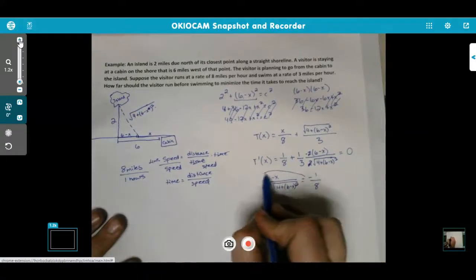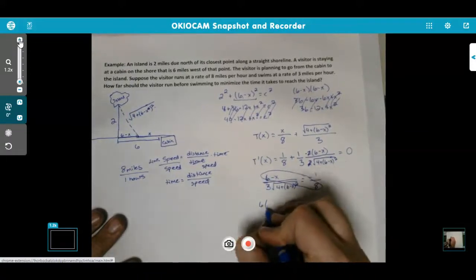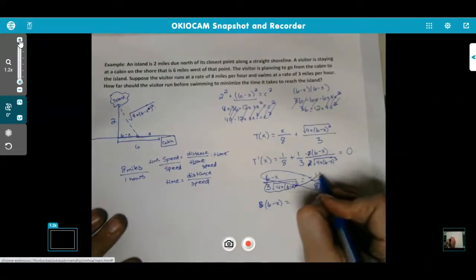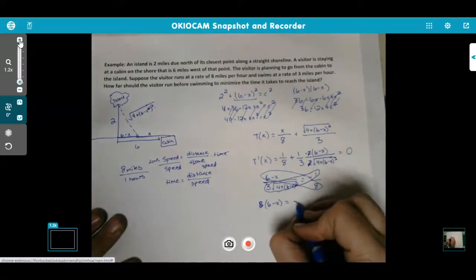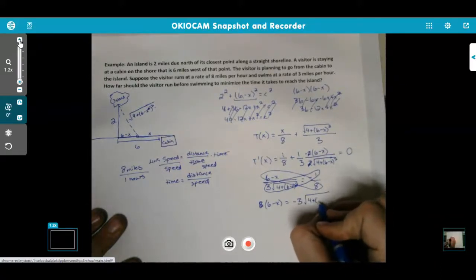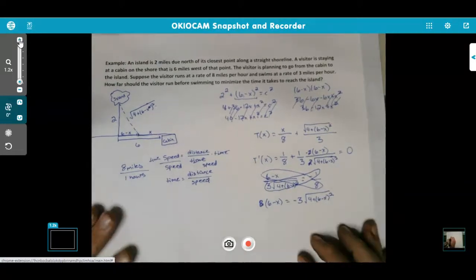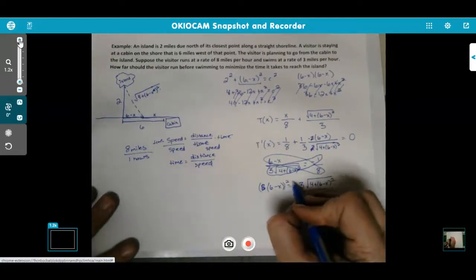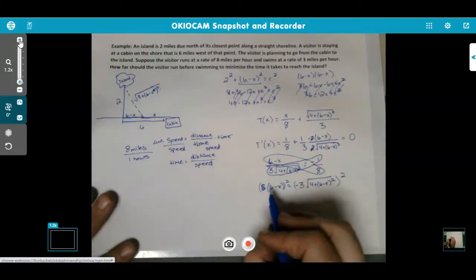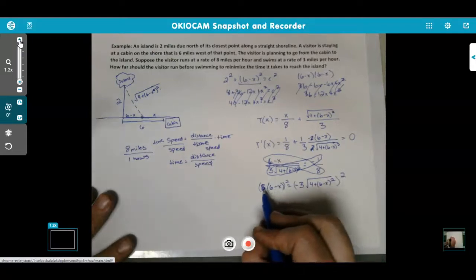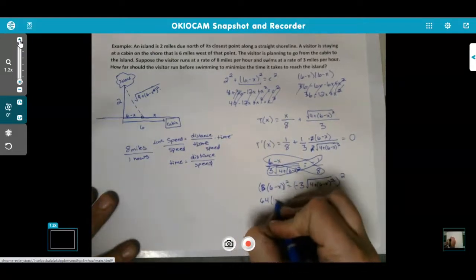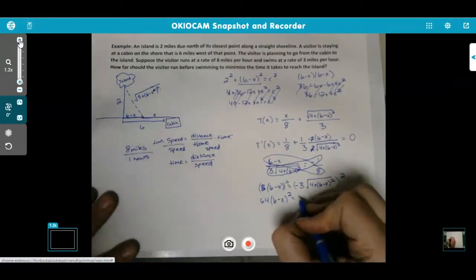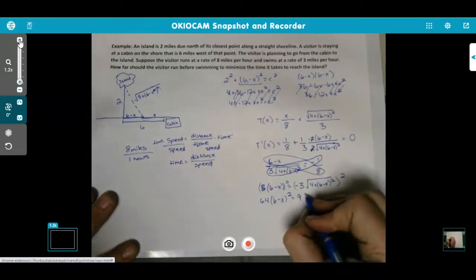Now I can cross multiply: 8 times (6 minus x) equals -1 times all of that stuff, so -3 times the square root of 4 plus (6 minus x) squared. I need to solve this for x. I have a square root, so let's square both sides to get rid of it. 8 squared is 64, so 64 times (6 minus x) squared equals -3 squared, which is 9, and the square root squared just cancels out.